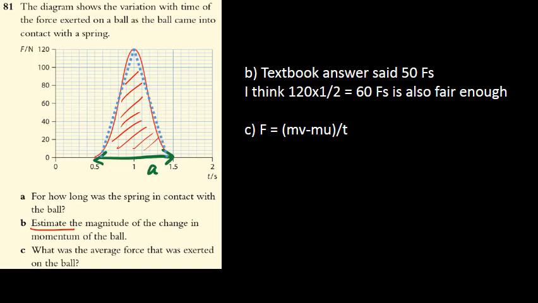Well, not fs, I made a typo. It should be Ns, newton seconds. And I do believe that if you use a triangle and calculate it as 60, it's still fair enough for this estimation. For part C, the average force exerted on the ball, you just directly recall the equation.